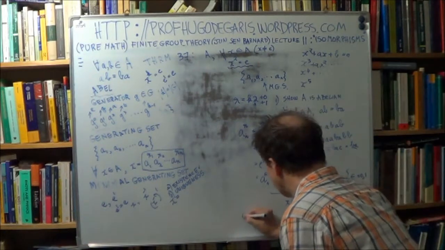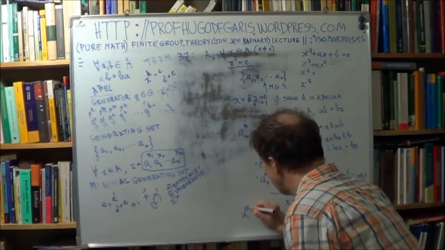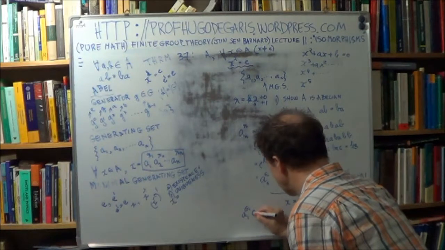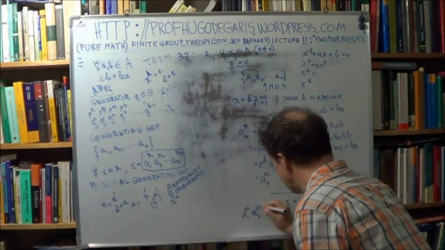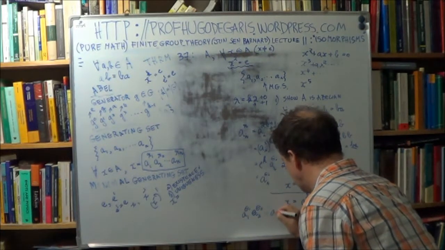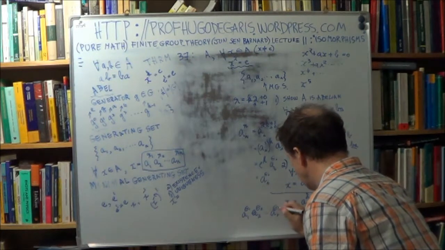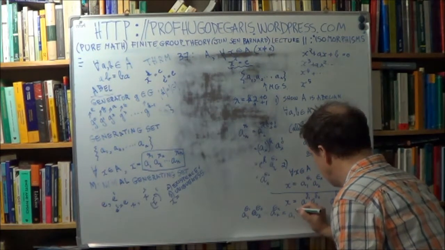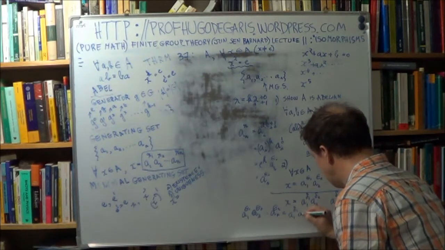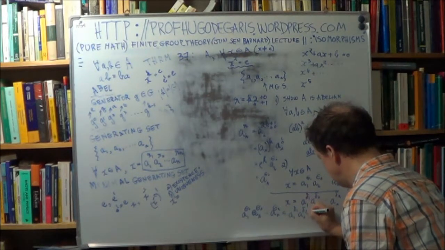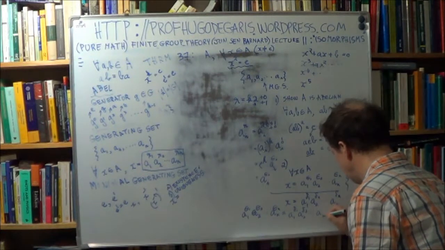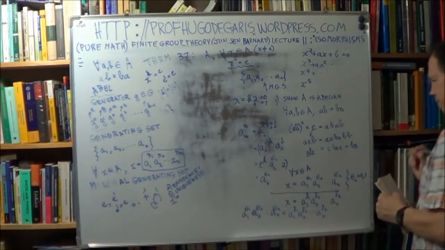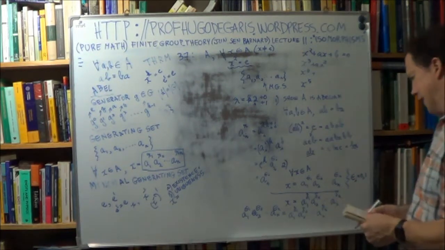So we can say then that a1 epsilon 1, a2 epsilon 2 dot dot dot an epsilon n equals a1 delta 1, a2 delta 2 dot dot dot an delta n. Right?